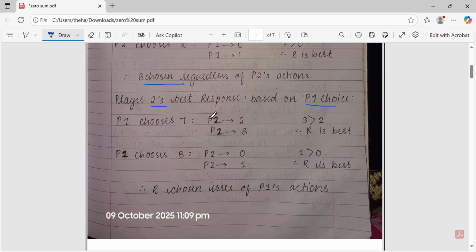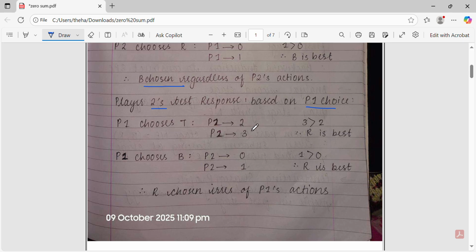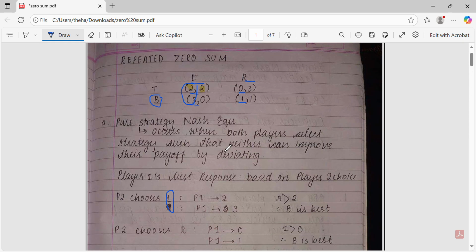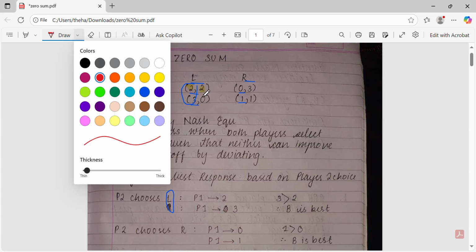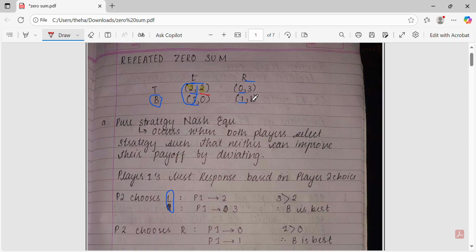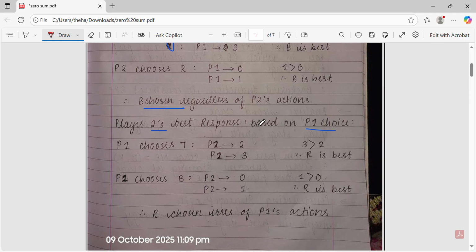According to that, player 2 can have 2 or 3. When we put those values here, 3 is greater than 2. So what is better? R. The scenario of R is better.